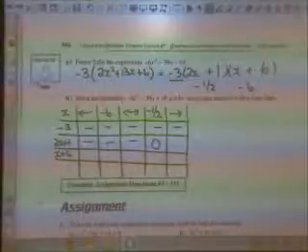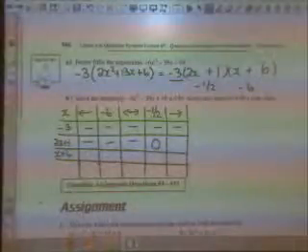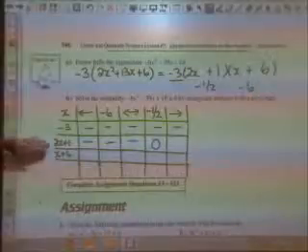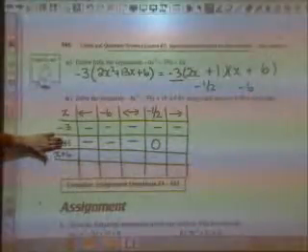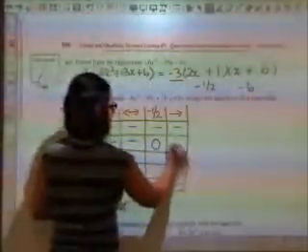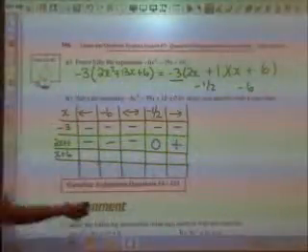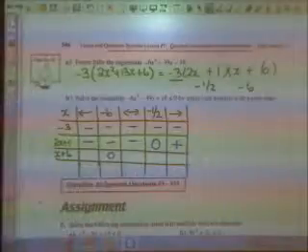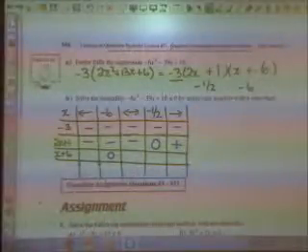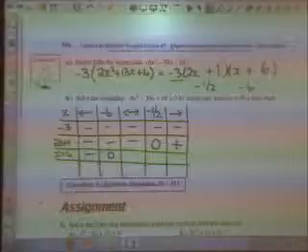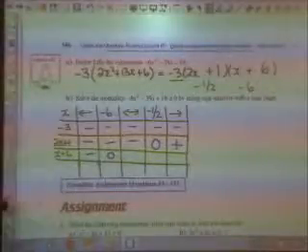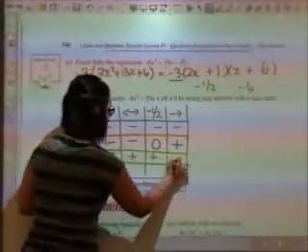Anything bigger than -1/2, like 0, is going to be positive. And then I do the same thing for my x plus 6. The 0 happens when x is equal to -6. Anything smaller than -6 would give me a negative. Anything bigger than -6 would give me a positive.